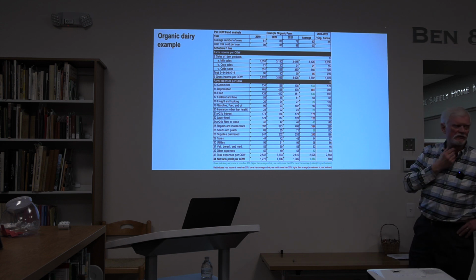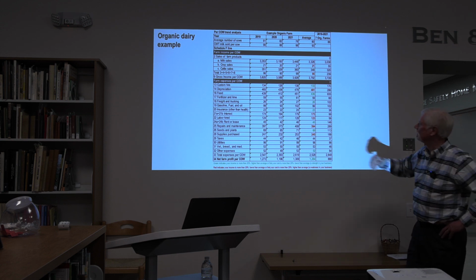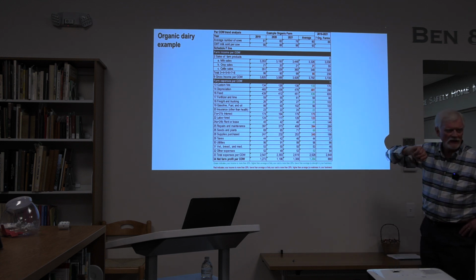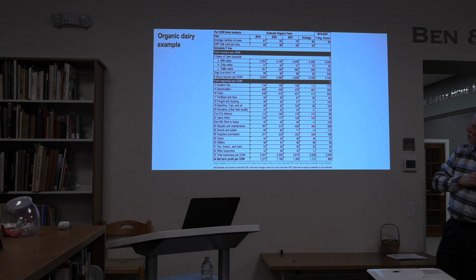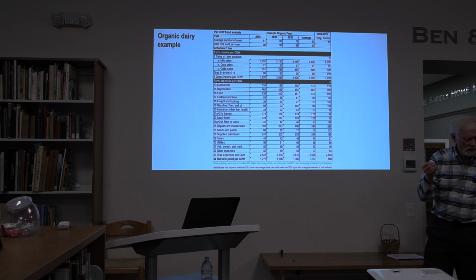And let's look at the greens first, because that's positive. Let's look at feed. My cows are taking $436 in feed per cow. This is buying feed, okay? Yes, I have to buy feed. A lot of farms have to buy feed because they don't have enough. And this is an organic farm. I'm probably buying organic hay to get me through the winter.